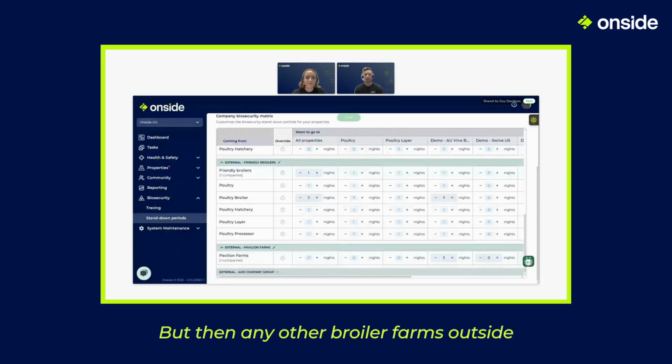But then any other broiler farms outside of your supply network, you might have more stringent rules between those. Even down to the point where if you know a specific company may have been affected by a disease like avian influenza, then you could set up more heightened rules between any movements between their properties and your properties. So it can work either way.